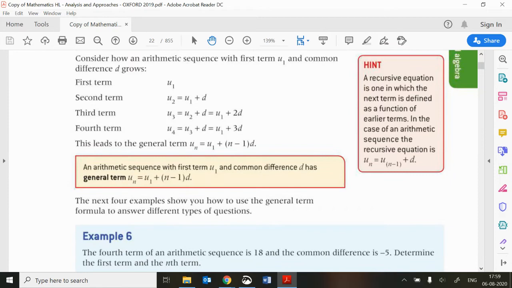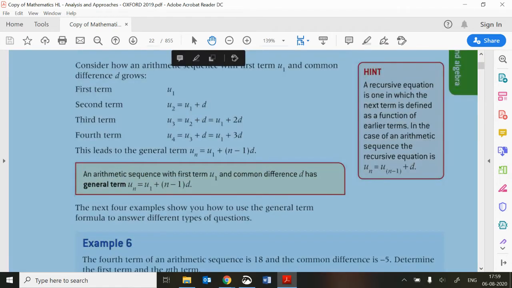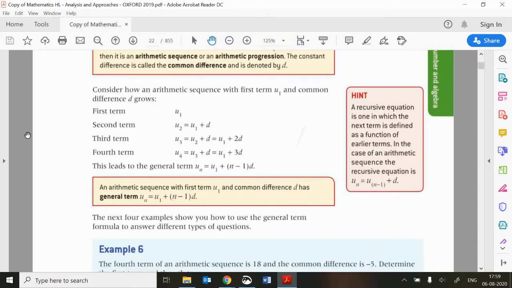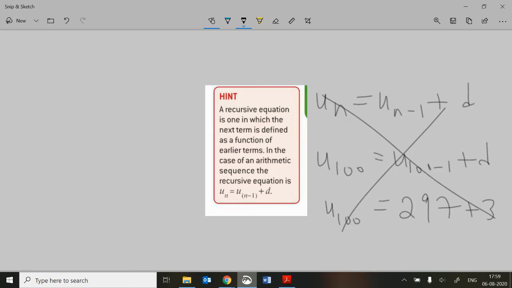You can see we've talked about this already in the first video. This is the general formula, and they've built it up the same way as I did in the first video as well. So the general term here is un equals the first term plus n minus 1 lots of the common difference. Remember, if you've got 2, 5, 8, 11, that's going up in 3, so there's an arithmetic sequence.